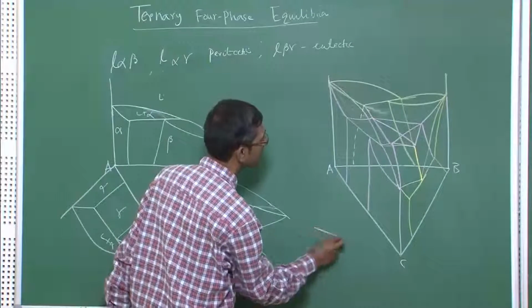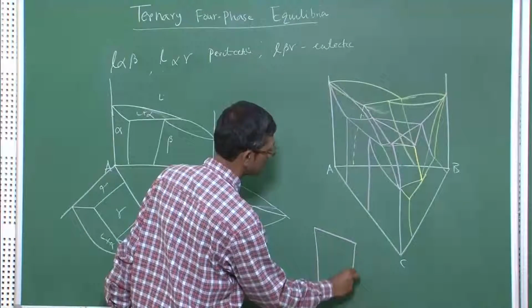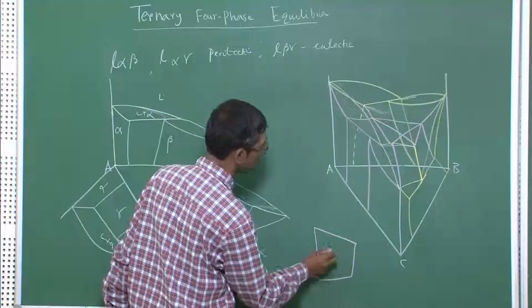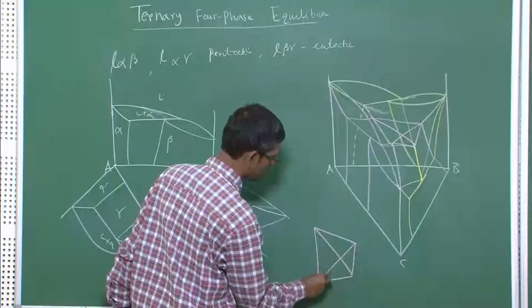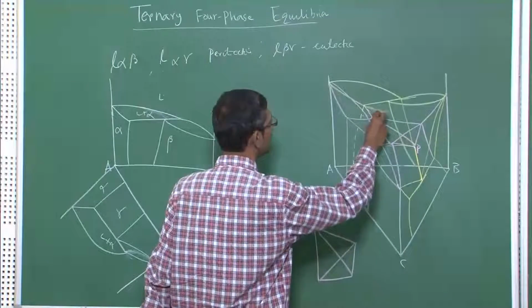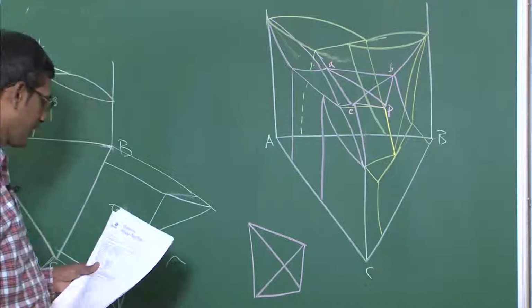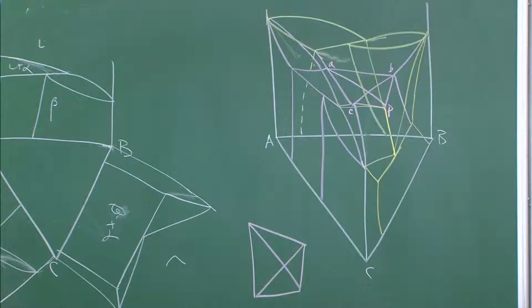So, it is basically like this, this is the trapezoid. So, this point is P, this is A, this is B, this is C, right. So, it is little bit complex, but still understandable.